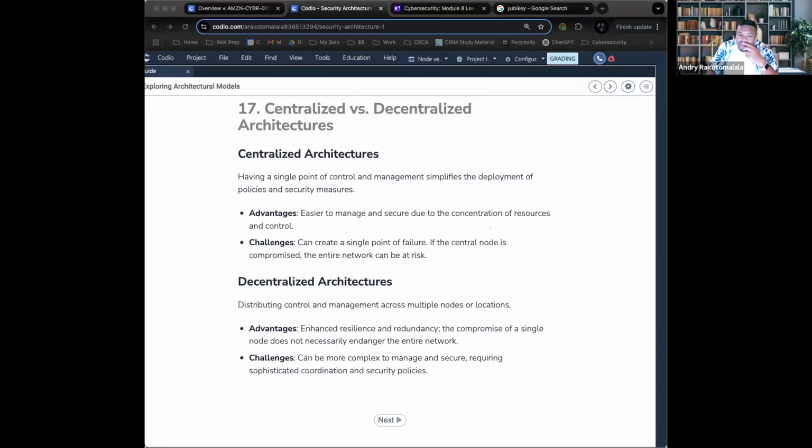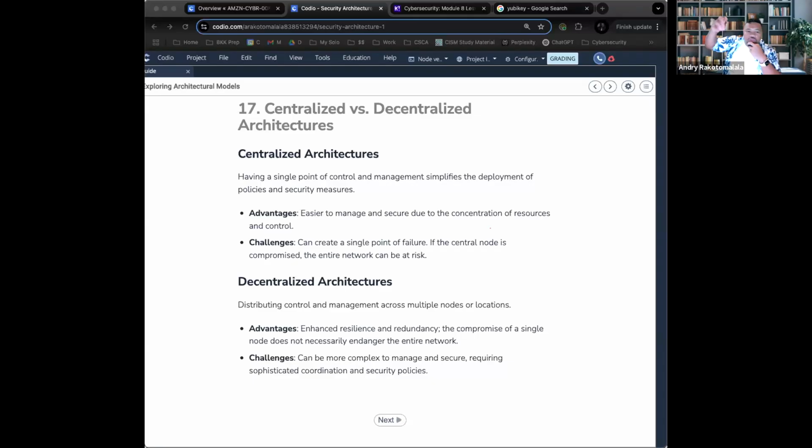There are two elements that we need to touch on more, which is centralized versus decentralized data architectures. For one, centralized means that all your data and systems are managed from one central location. Okay, so you have a single point of control and it simplifies deploying policies, deploying security measures, deploying any updates.